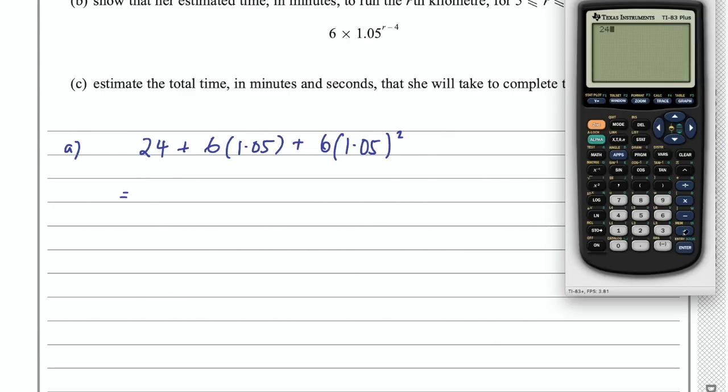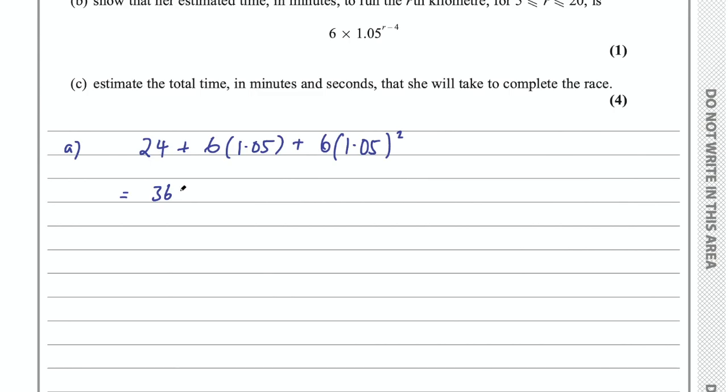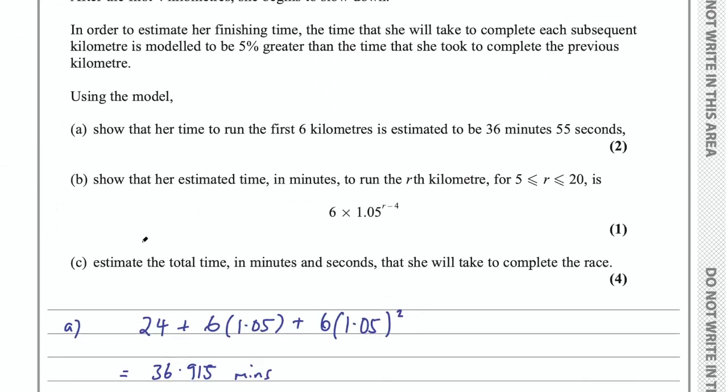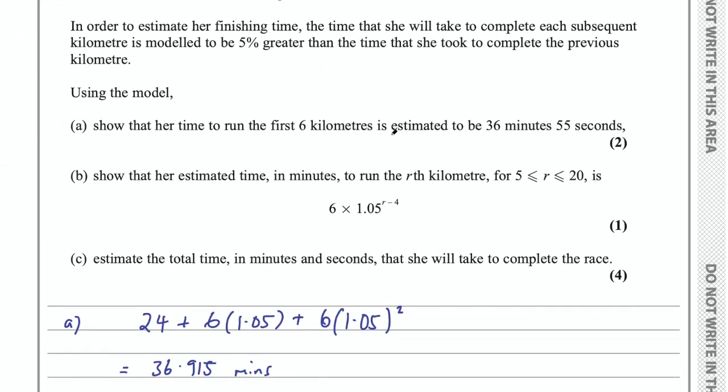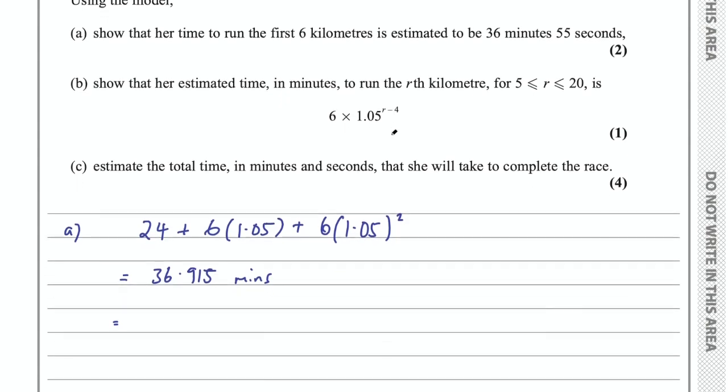We've got 24 plus 6 times 1.05 plus 6 times 1.05 squared. And I get 36.915, and this is in minutes. And the question said, show that a time is estimated to be 36 minutes 55 seconds.